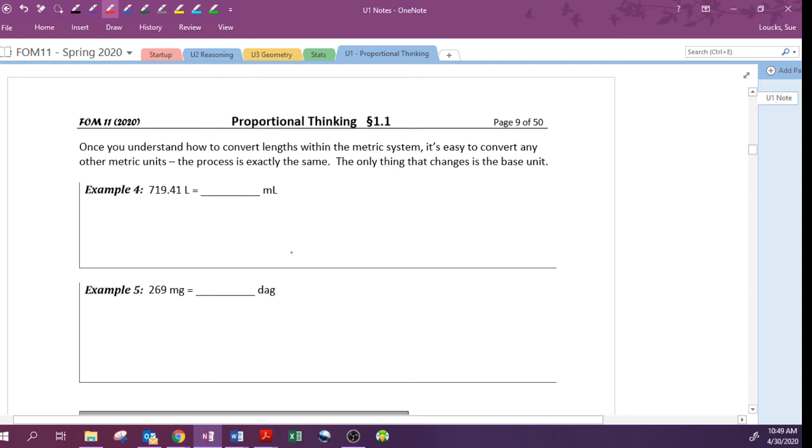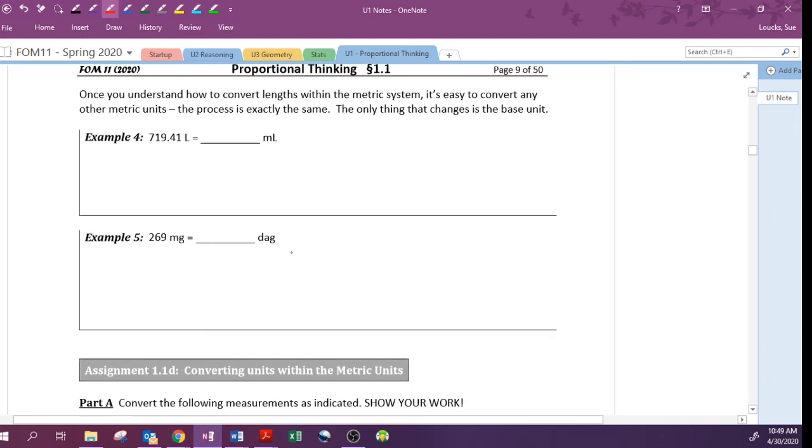I'm just going to do 2 quick examples with liters and grams, just so you've seen that it's exactly the same thing. Okay, so I've got liters and milliliters. Liters are bigger. I'm going to put 1 liter on top, and there's 1,000 milliliters in a liter, and I'm given a number of liters, so I'm going to put that on my line with my liters, which is the top, 719.41 liters, x milliliters.